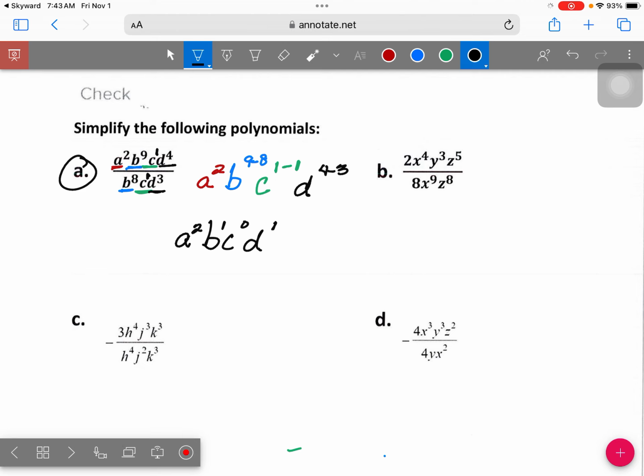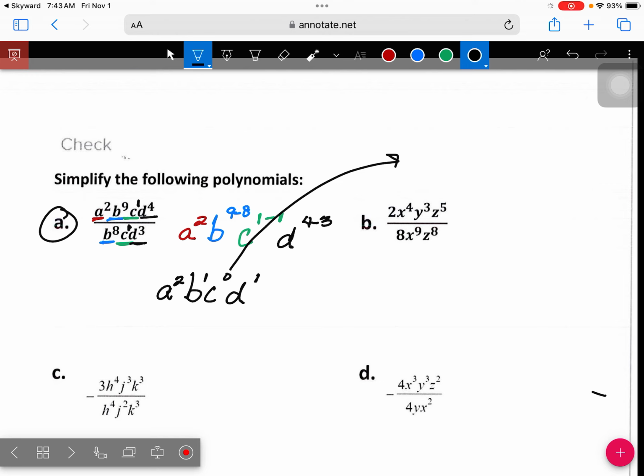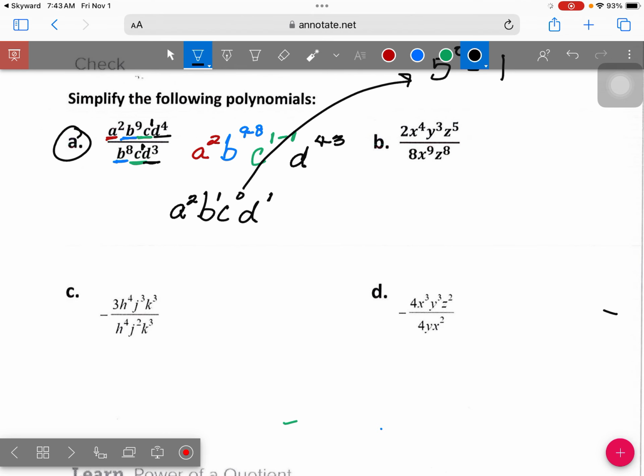All right, this C to the 0 power, I thought maybe this would come up earlier, but any value to the 0 power is actually equal to 1. So this is just like multiplying by 1.